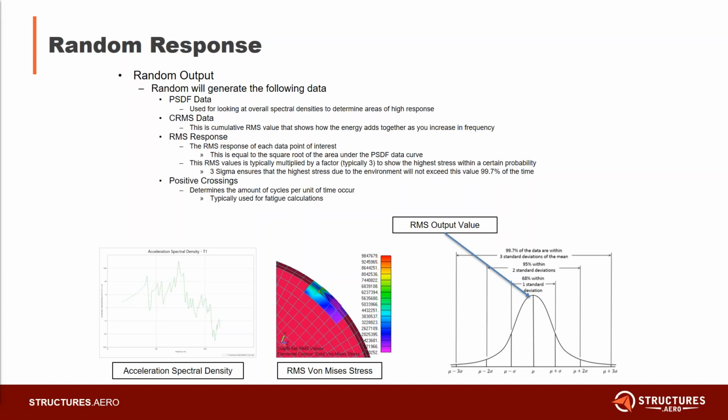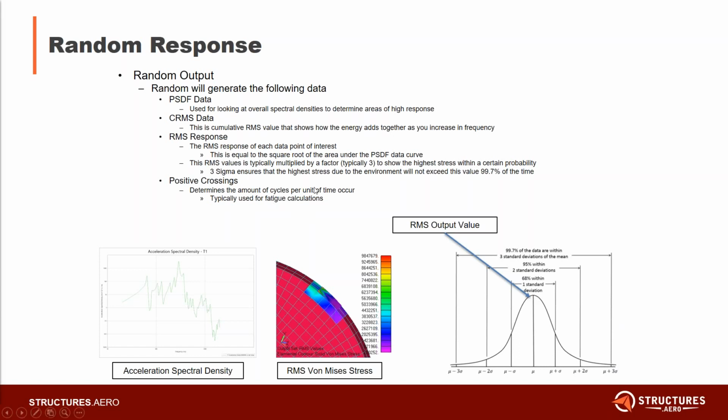Many times you're going to multiply this value by 3, or 3 sigma, because again, this is a probability, and you want to assure that 99.7% of the time your stress is under this maximum value, so that you only have a case of possibly 0.3% where the stress value might be exceeded.